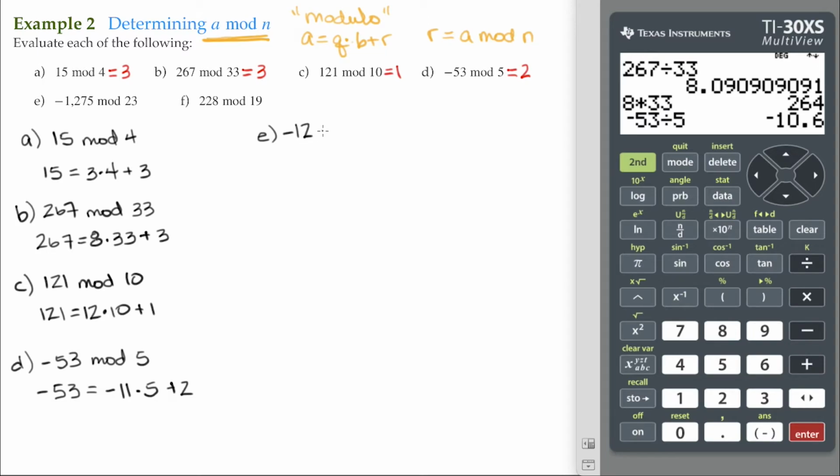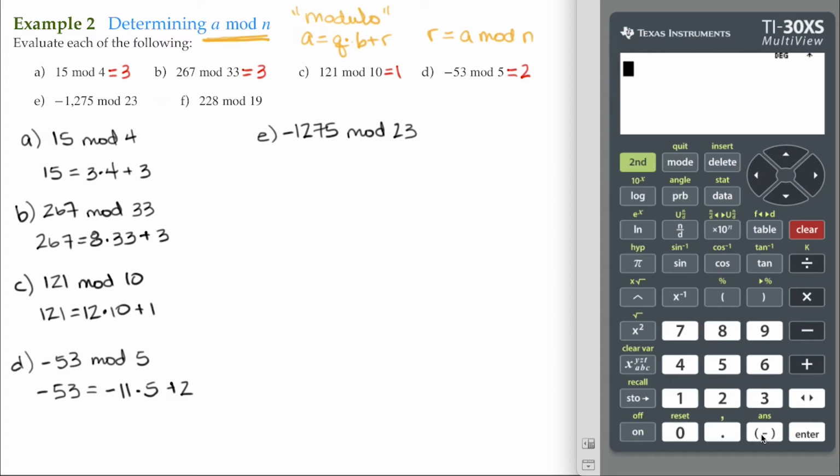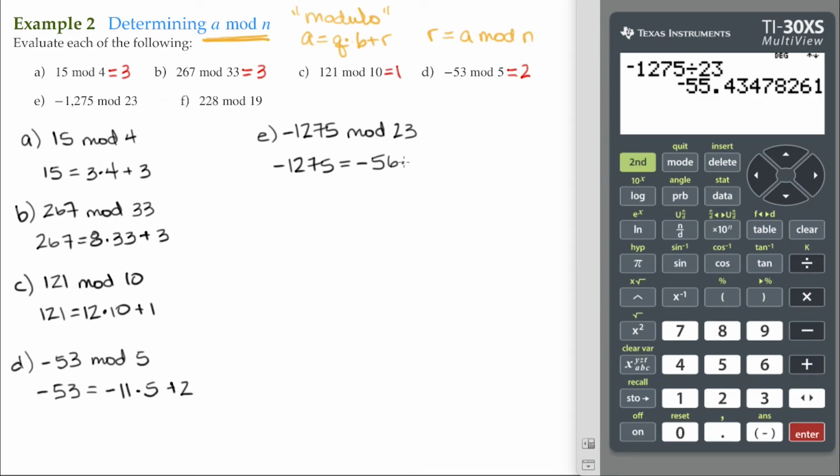Let's try E. Negative 1,275 modulo 23. Negative 1,275, divide that by 23. That gives us negative 55. Again, we're going to round that down to negative 56. So using the division algorithm, we're going to have negative 1,275 equal to negative 56 times 23.